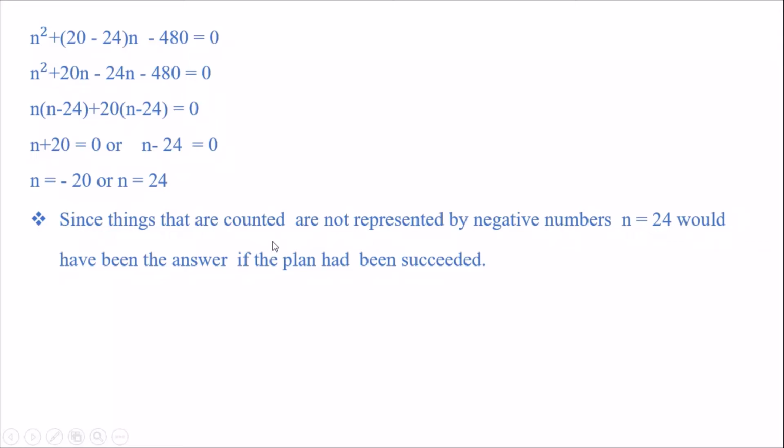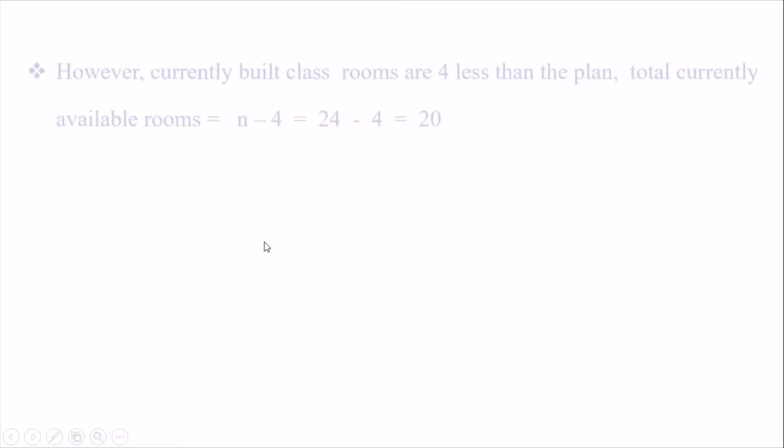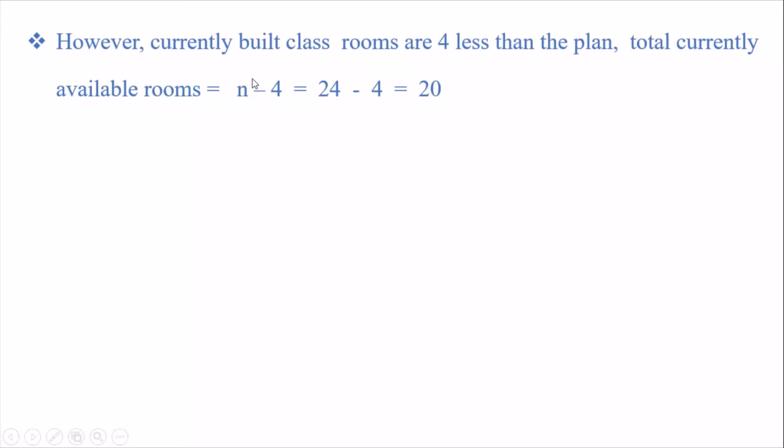Since n is equal to 24, 24 minus 4 is equal to 20. So currently, the built classrooms are 4 fewer than planned.